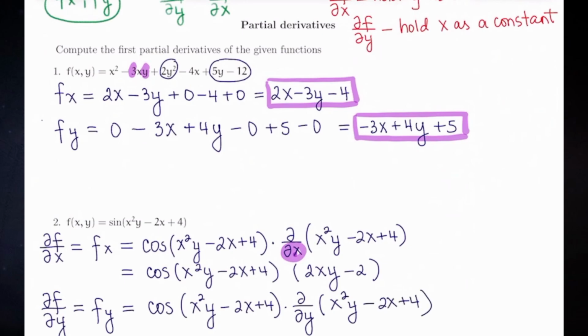And you can see what's going to happen here. This is 0, right? So is this. Once we differentiate it with respect to y, x squared is constant, y is the variable. So what we're going to get is x squared, y is gone, times cosine of this expression.